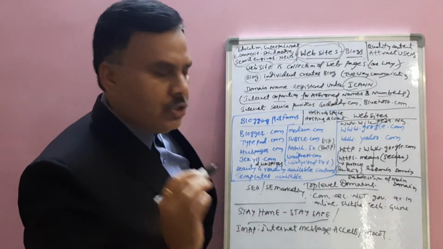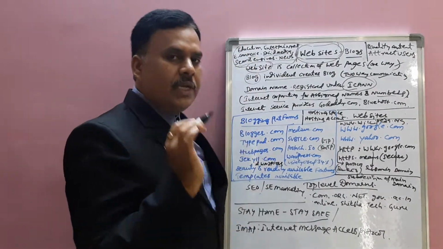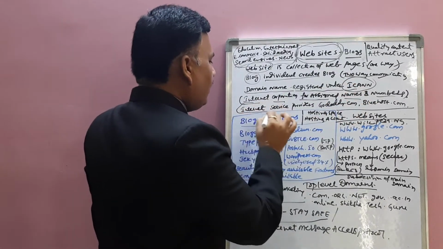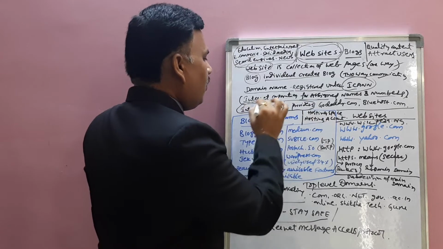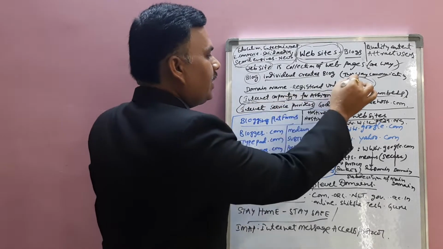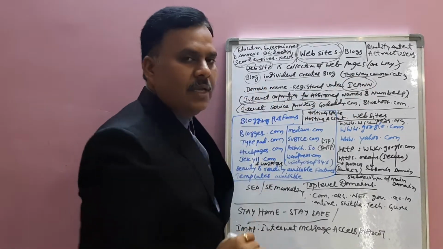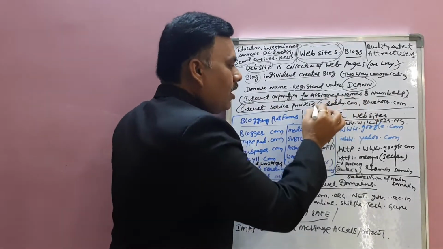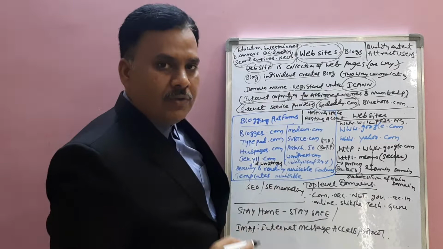For each individual user to create a website, they need to approach ICANN. ICANN then gives access through an internet service provider, which is an intermediary between ICANN and the user. For example, GoDaddy.com is an internet service provider.